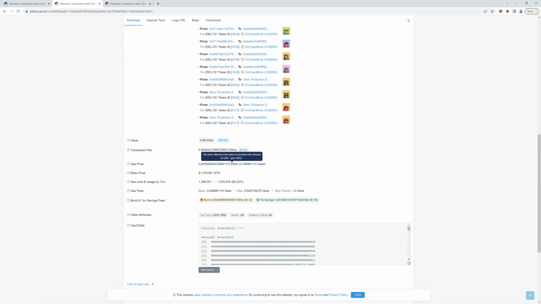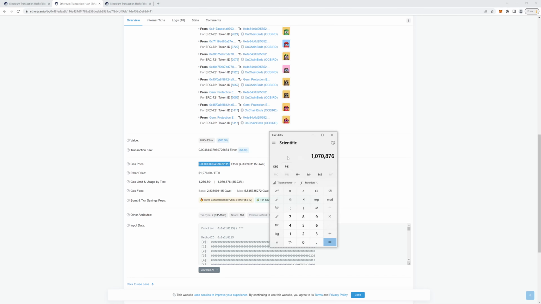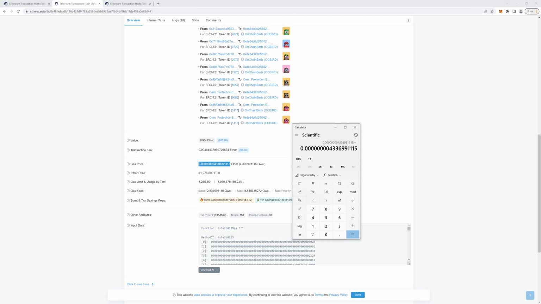But if we grab this number, so that's the price of the gas multiplied by the amount of gas that we used, we will come to the final cost, which is going to be, okay, I didn't multiply that. Let me try again. That times this number.